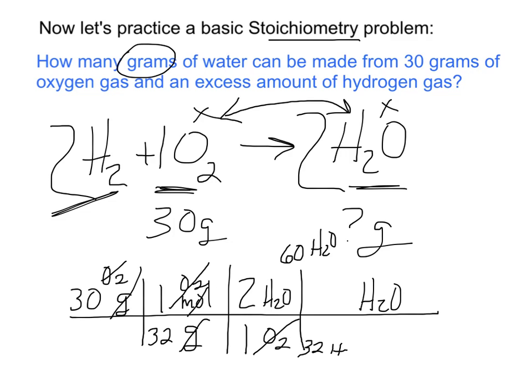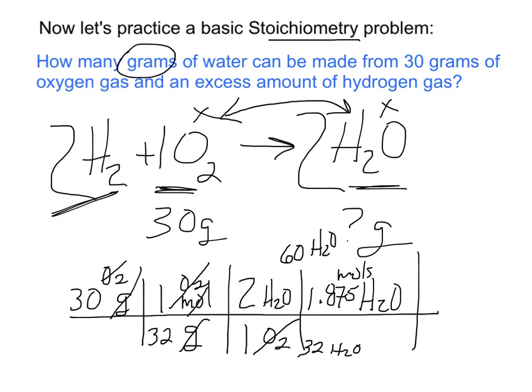So right off the bat, if I do my math here, 60 divided by 32, let me get my calculator out. 60 divided by 32 equals 1.875 moles, because I'm still in the mole area of water.